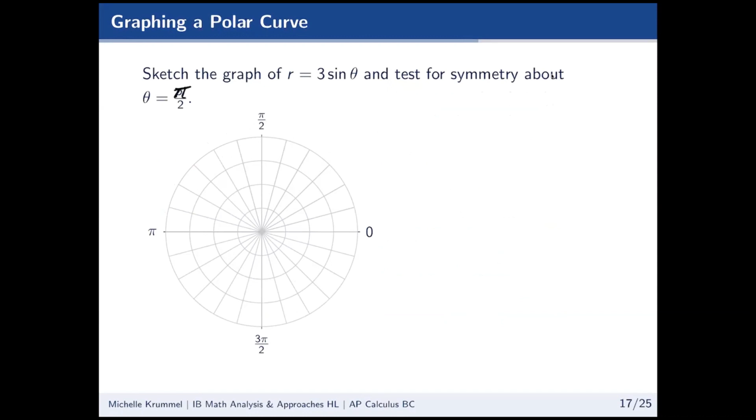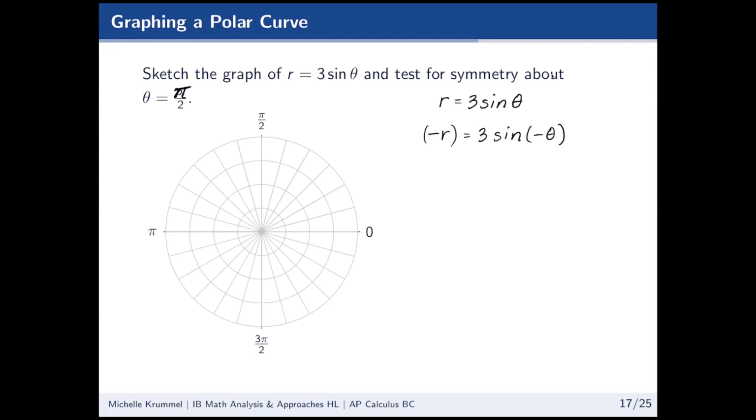So our original equation is r equals 3 sine theta. In my new equation, I'm going to replace r with negative r and theta with negative theta. Then we're going to simplify this and see what we get.